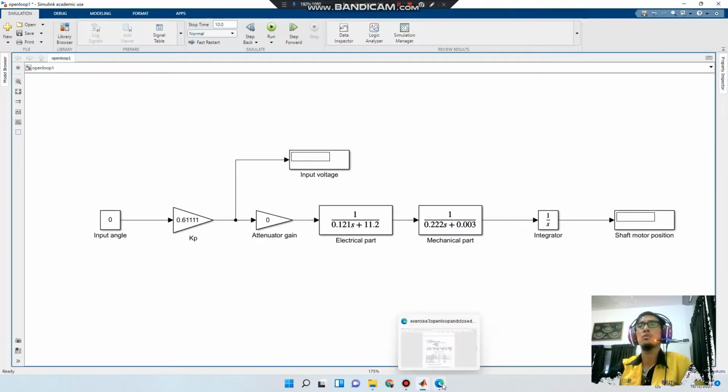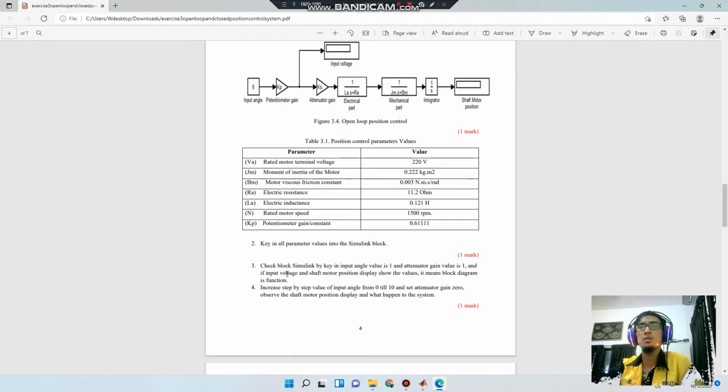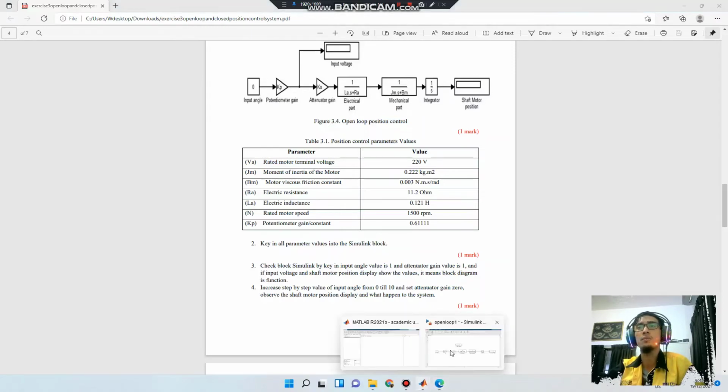Now the next step is to check the Simulink by keying in the input angle value 1 and the gain value 1. For the potential gain, the input angle is 1 and the actuator gain is 1.